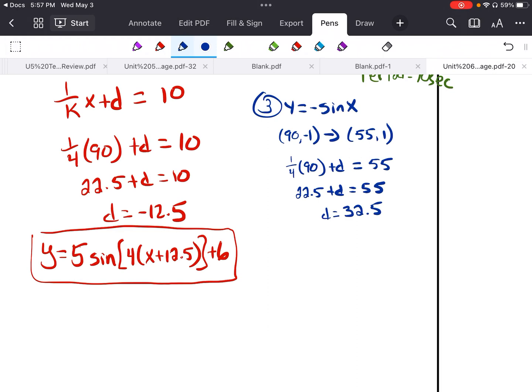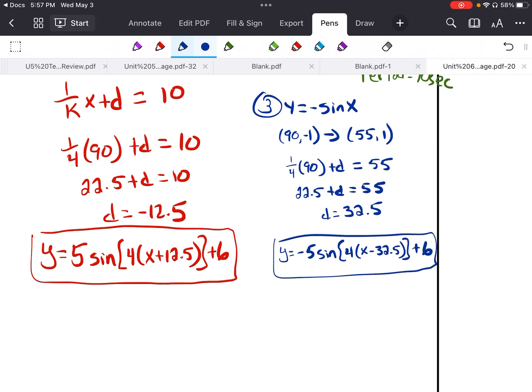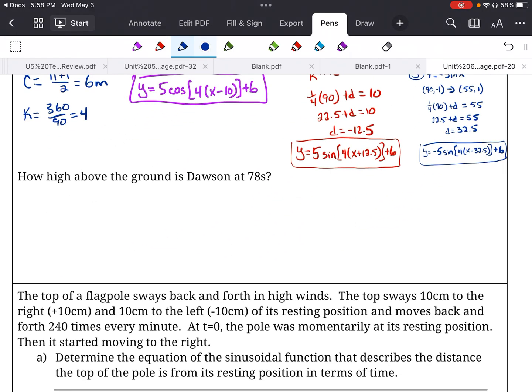So the third equation is y equals negative 5 sine 4 times x minus 32.5, plus 6. Using half the mapping rule, we only used half because we're only looking for d to find out the new phase shift.